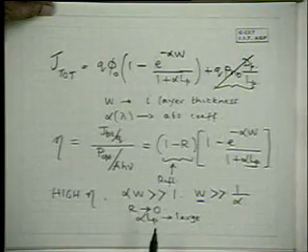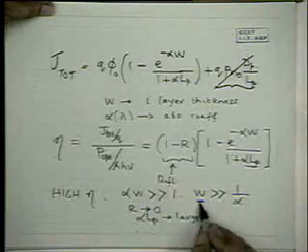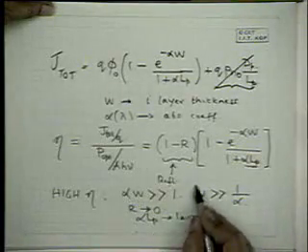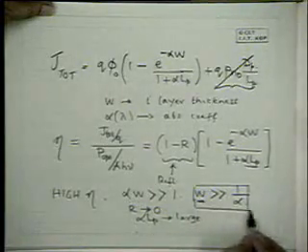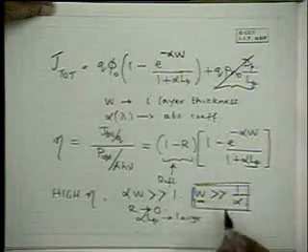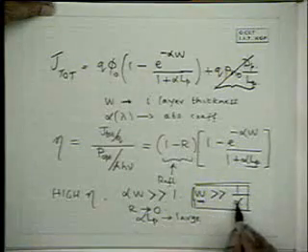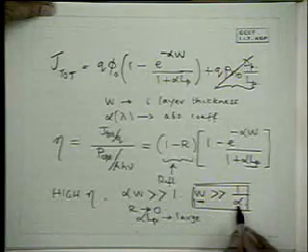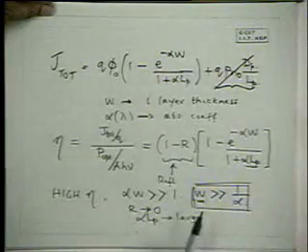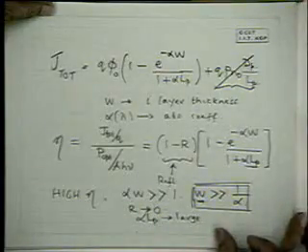Next time what I'll discuss is how do we obtain this condition? Because if we have W much larger than 1 by alpha, the transit time of the electrons will be quite large.